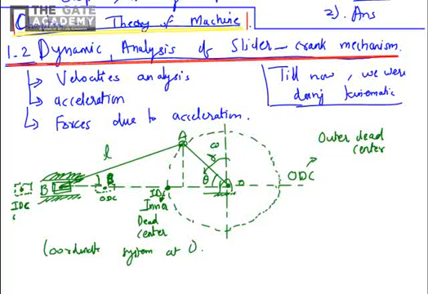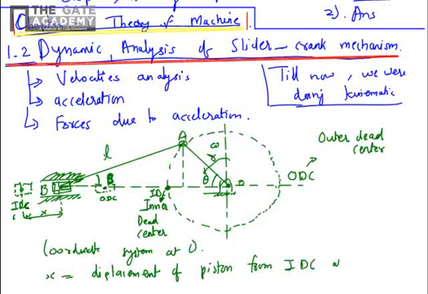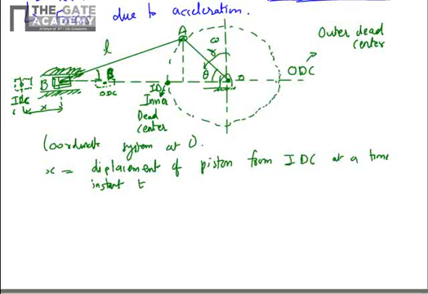So we are interested basically in the displacement of the piston at any particular time instant from the inner dead center, that is x. So x is the displacement of piston from inner dead center at a time instant t.